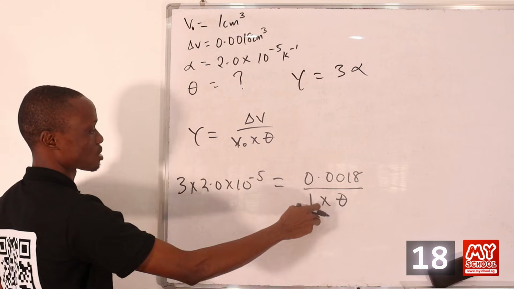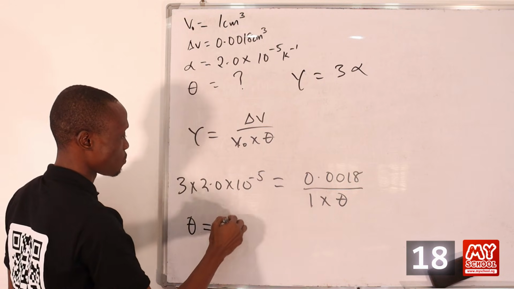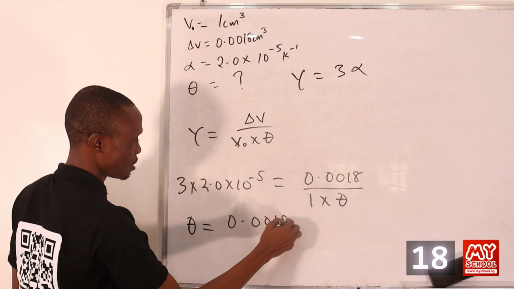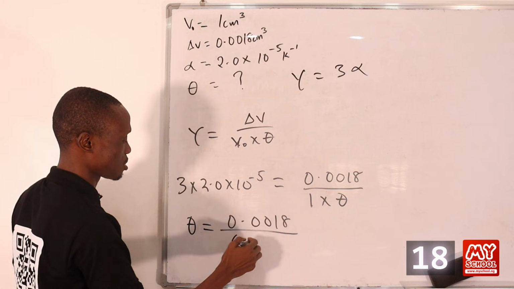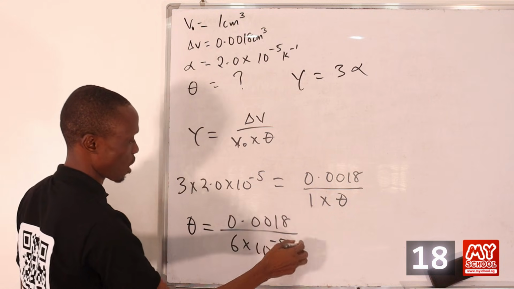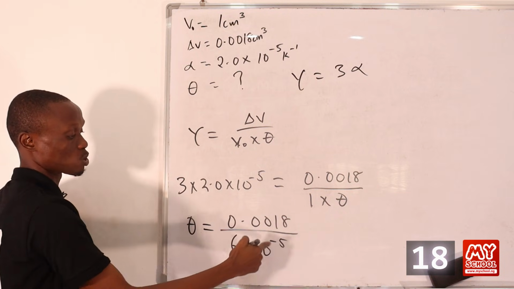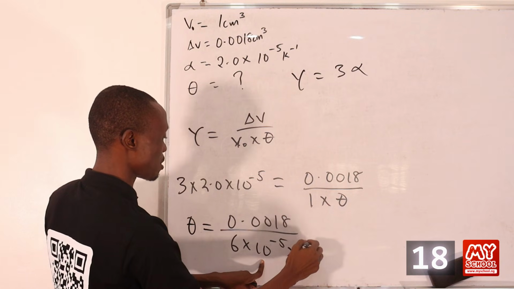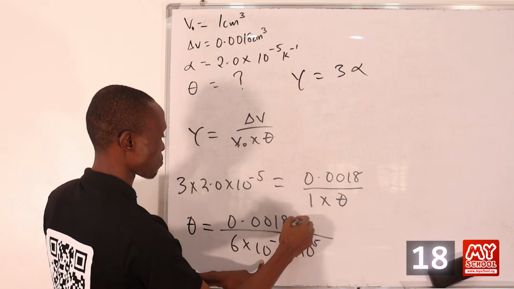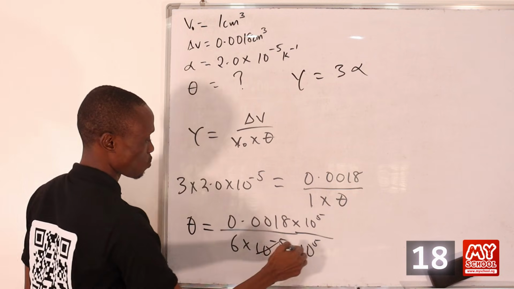So since we are looking for theta, we just swap positions. So here we'll have theta, while you'll have 0.0018 all over, and if we multiply here, that will be equal to 6 times 10 raised to the power minus 5. So basically we have to remove this times 10 raised to the power minus 5. In order to do that, we multiply here by 10 raised to the power 5 and also multiply the numerator by 10 raised to the power 5, so that at the end of the day, this one will cancel out.